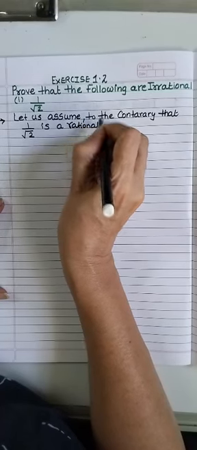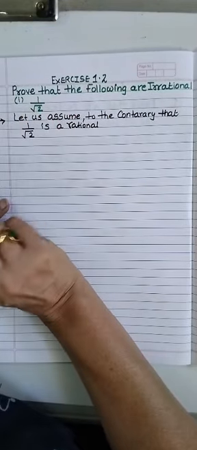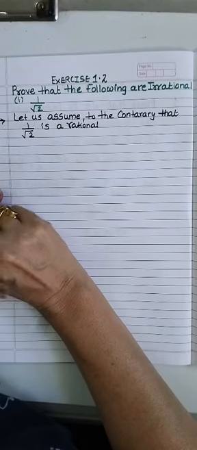Here we have taken a statement which is contradictory to what we need to prove. So the method is called the method of contradiction.